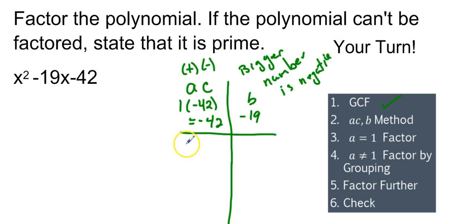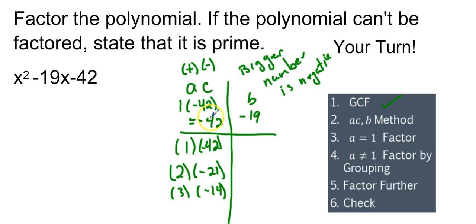The first one I always do is 1 and whatever number I have. So 1 and 42. I need one positive and one negative, and the bigger number is negative, so this 42 needs to be negative. Then I do 2 times negative 21. And then 3. Can 3 work? Yes, 3 and negative 14.